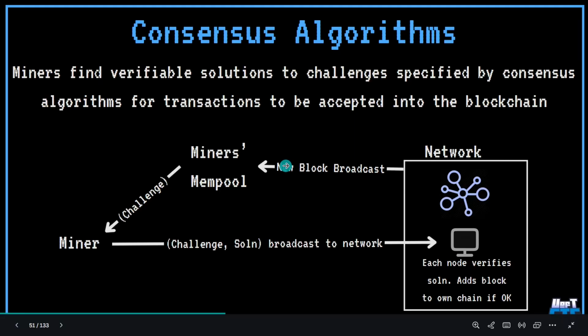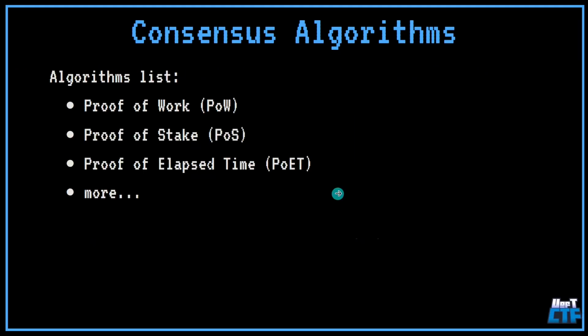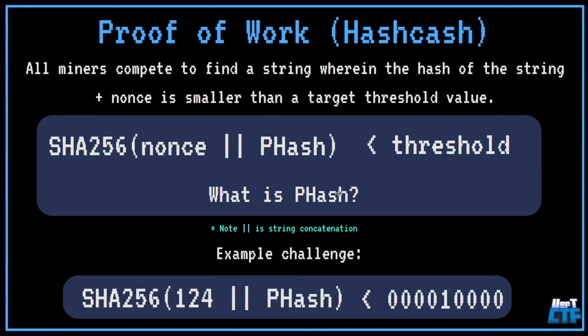So an example algorithm is proof of work. How it works, how Hashcash works, which is the original one in Bitcoin, is that the miners need to find a hash.